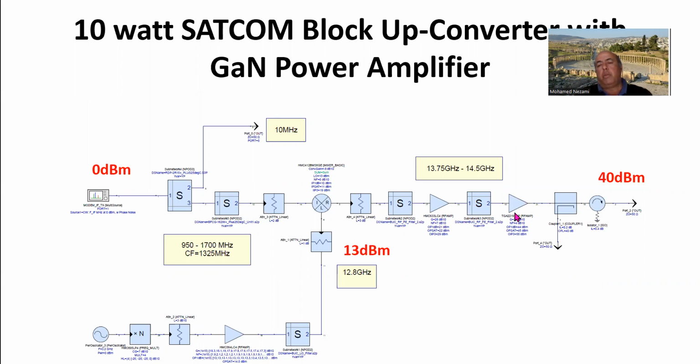And then we go into the final GaN device, which is here. This is the 20-watt amplifier device. And then we go out through a directional coupler that samples the signal 40 dB below, that goes over to a monitoring section for protection and monitoring.